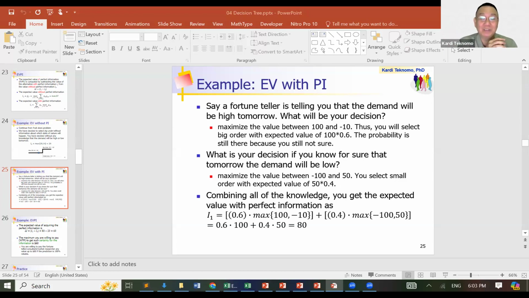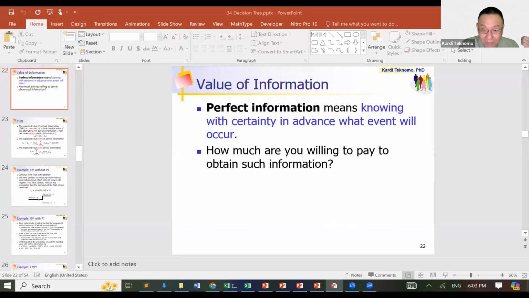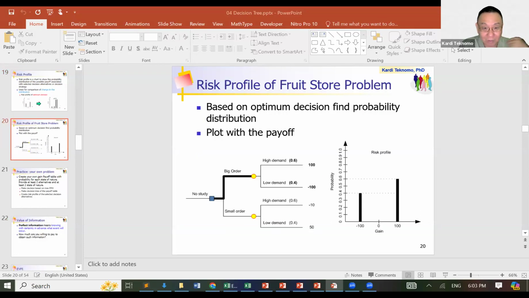What will be your decision? In this case, you will maximize between the value of 100 and minus 10. Look at the decision tree a while ago: high demand, big order is 100, and high demand, small order is minus 10.